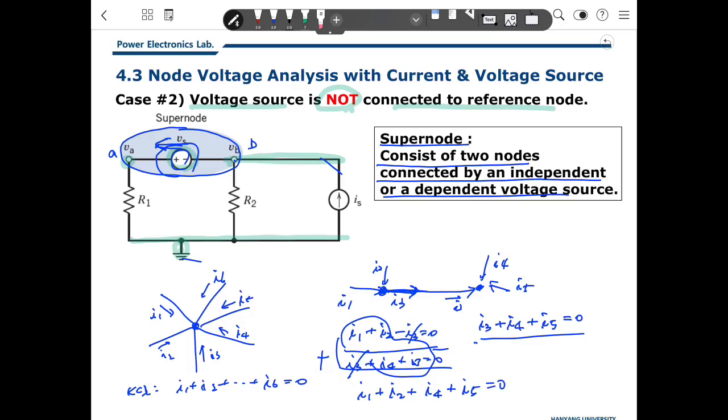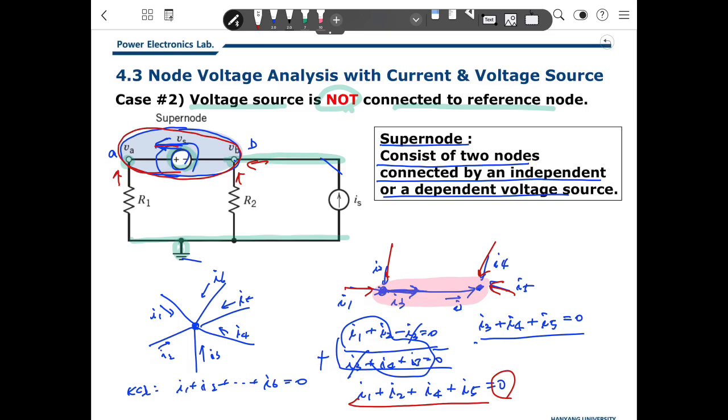What is the meaning of that? Even though we make a kind of big supernode, the sum of the currents going into this supernode should be 0. This is KCL. All branch currents going into this supernode should sum to 0 because of KCL.